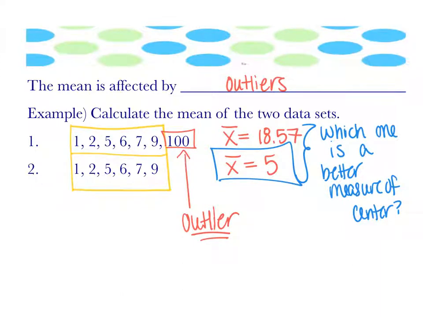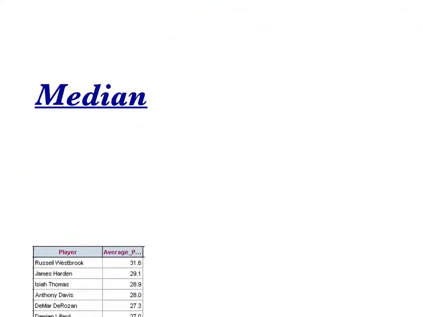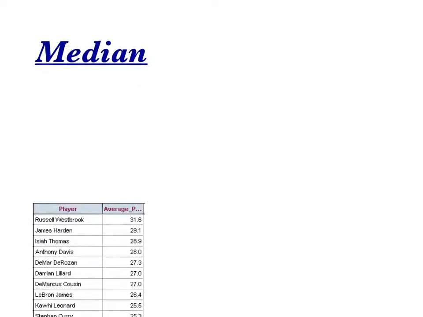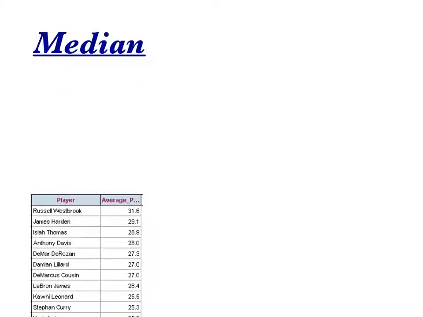We've got one more thing to talk about, and that is the median. You guys have probably heard this term before. The median is the middle data point. It is the second common measure of center. So mean is the first most common, median is the second most common measure of center.